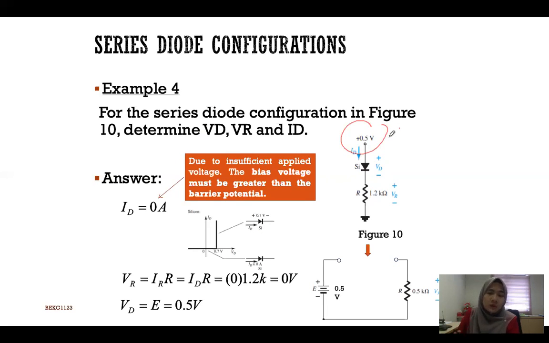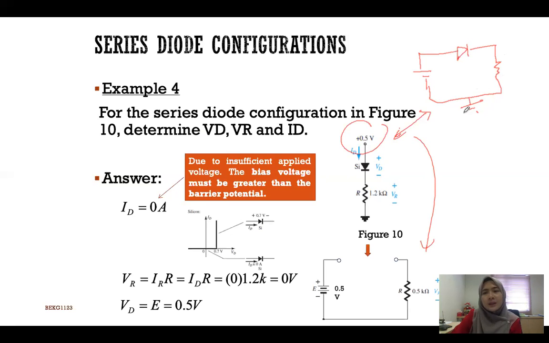But if you redraw this, you actually have a circuit like this. It's actually a voltage source, and then you have a diode circuit, you have a ground. So this is actually the same circuit.